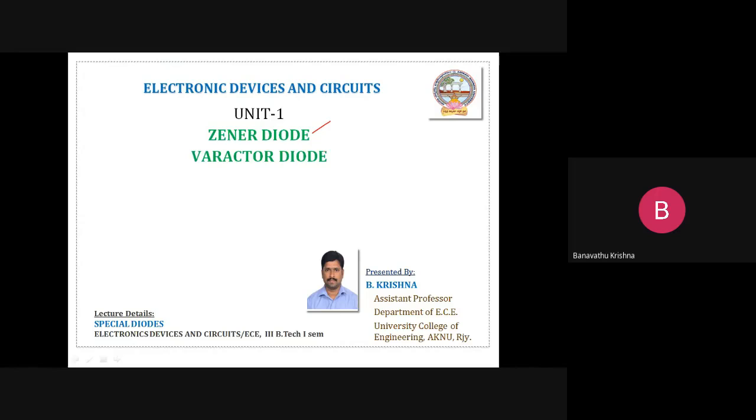Before going to discuss the Zener diode operation, here it also consists of two types of materials to form the Zener diode, such as one is P-type material, another one is N-type material. The Zener diode has heavily doped materials, P-type and N-type.